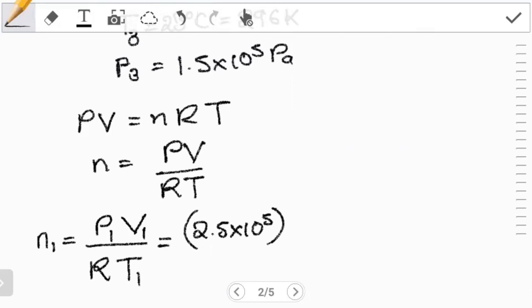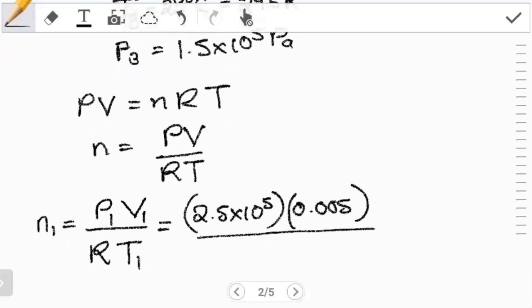If we did that, then the volume that we're going to use here is going to be 0.005 meter cubed. So this is divided by the gas constant, sorry. The gas constant we're going to use is 8.314.